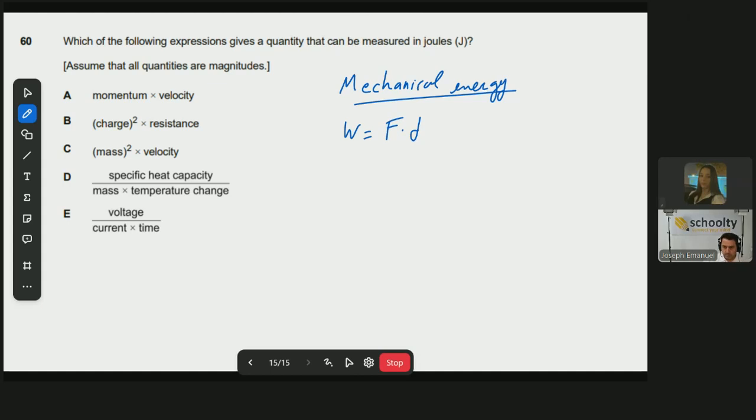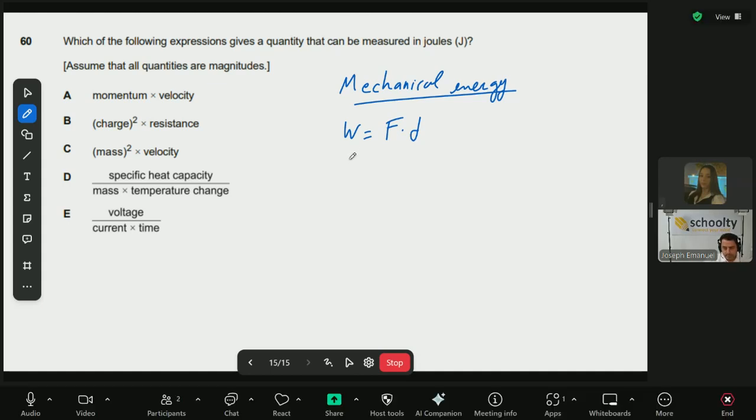Also, you have kinetic energy. This is mv squared divided by 2. You have potential energy, mgh.